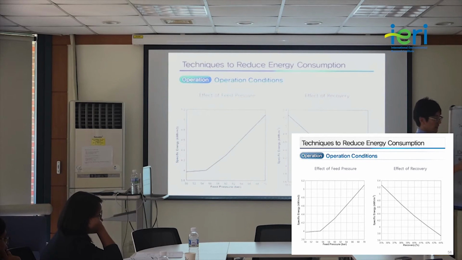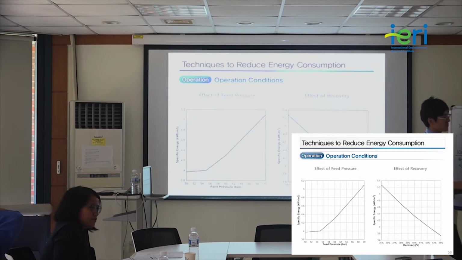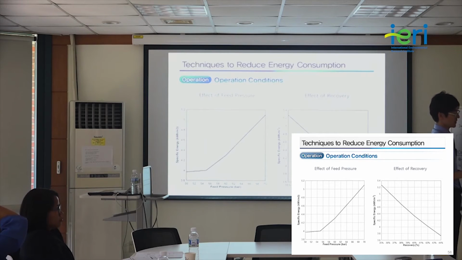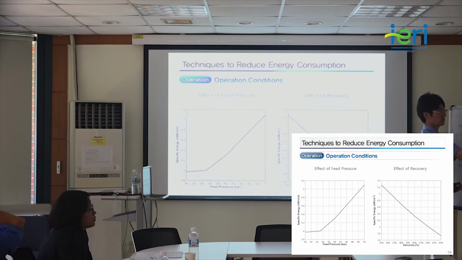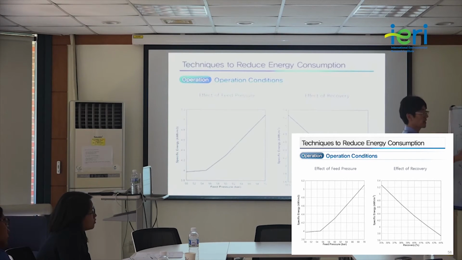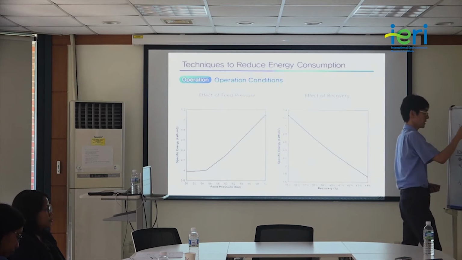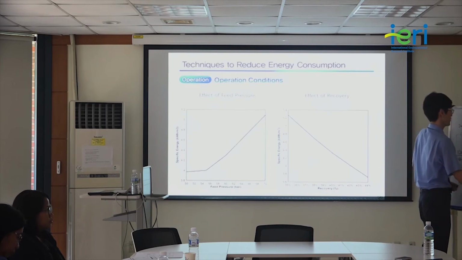And another problem is that if we have 1,000 here, 90, and 100, it's not easy to recover the energy in the brine and deliver it to the feed side. So although it looks like it's better to reduce the recovery to reduce the energy consumption by reducing the osmotic pressure, in reality, it's not always true because recovery affects not only the osmotic pressure but also the intake, permeate, and energy recovery device.